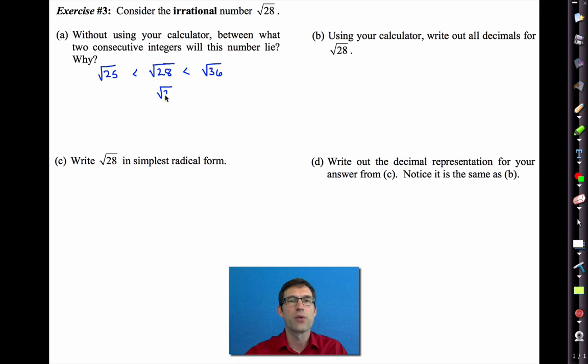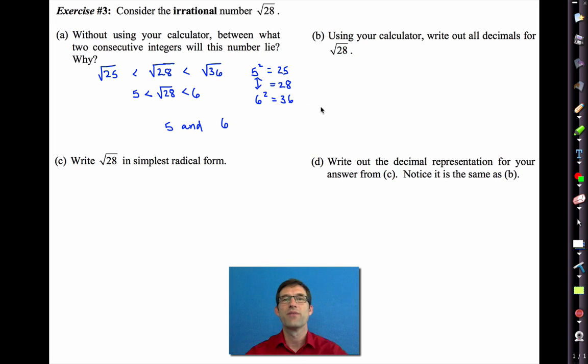But that means the square root of 28 must be greater than 5 and must be less than 6. So it lies between 5 and 6. Another good way of thinking about it is that 5 squared is 25, 6 squared is 36. So since 28 lies between that, the square root of 28 lies between 5 and 6.